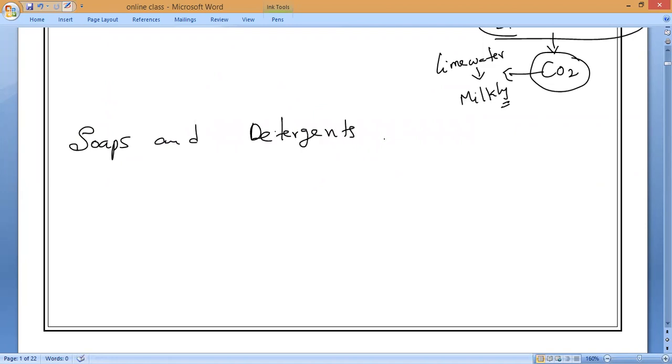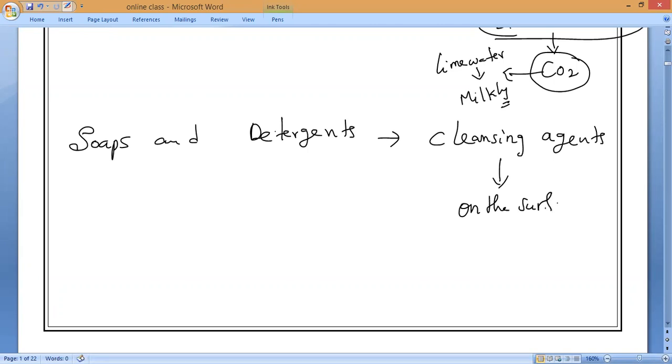If you have noticed, both are called cleansing agents, not cleaning agents. Cleansing agents help us to remove the dirt from the body or from the cloth, whatever it is. So they are cleansing agents only, and they work on the surface, like the cloth surface or our body surface.